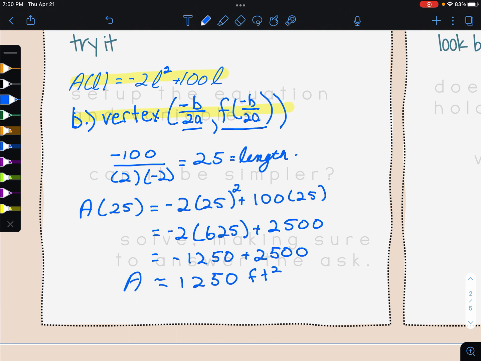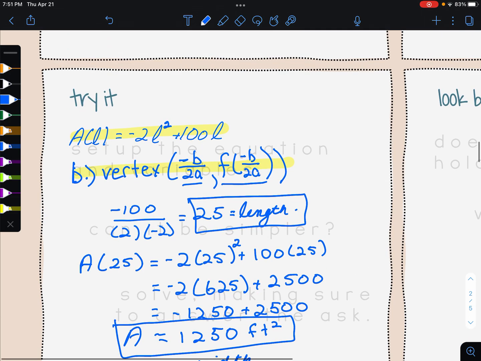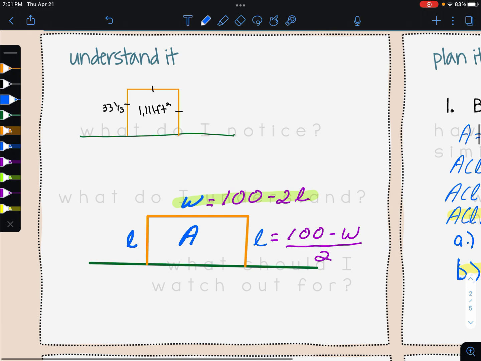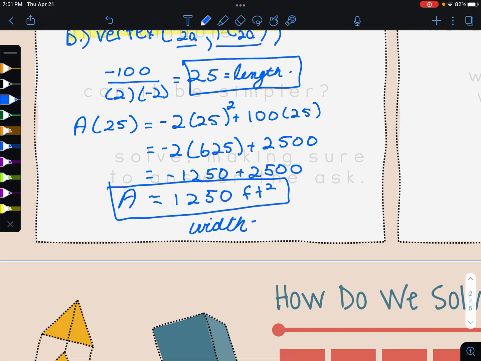So that's our area. And so we have our length, we have our area, and last but not least, we have the width. And the width is going to be equal to, see if we go back up here, 100 minus 2L.